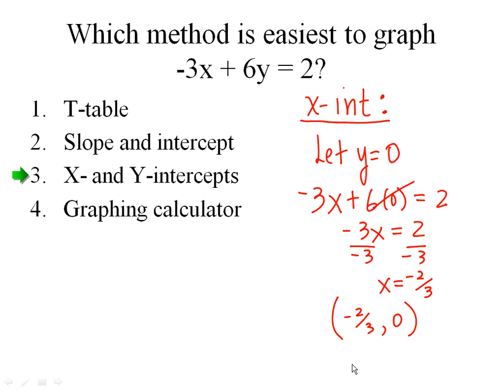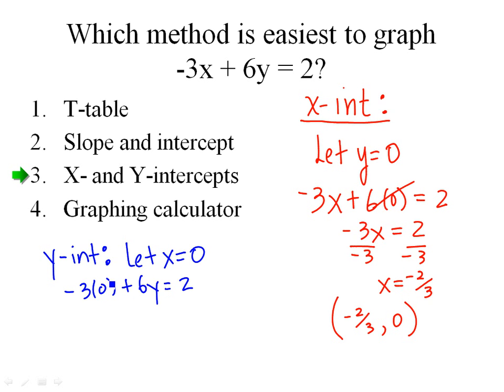Now let's do the y-intercept. For the y-intercept, let's let x equal 0. So -3 times 0 plus 6y equals 2. That goes away. 6y equals 2. Divide by 6. y equals, what is the answer here? Not 3. The answer is what? So think about it.